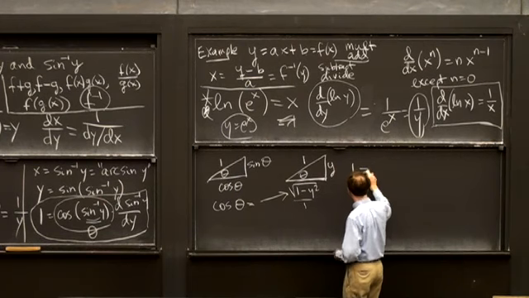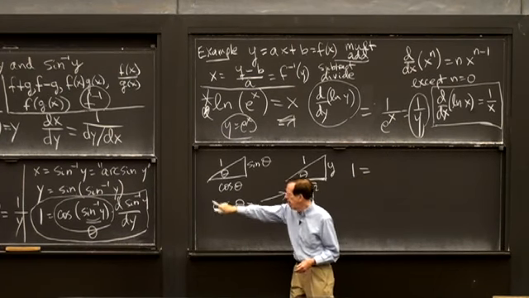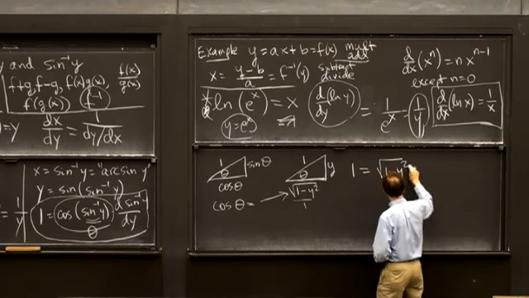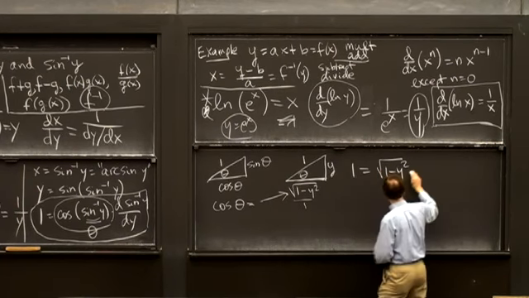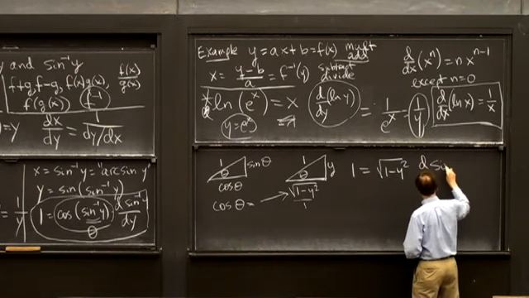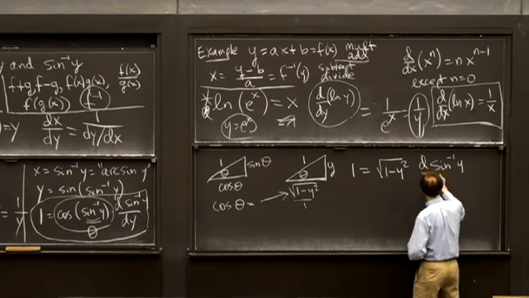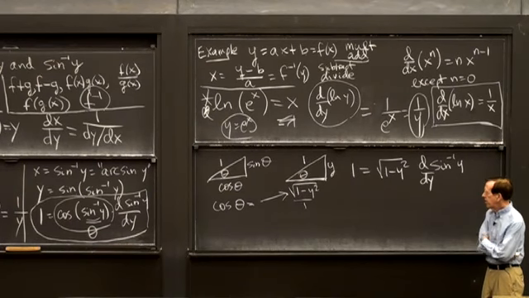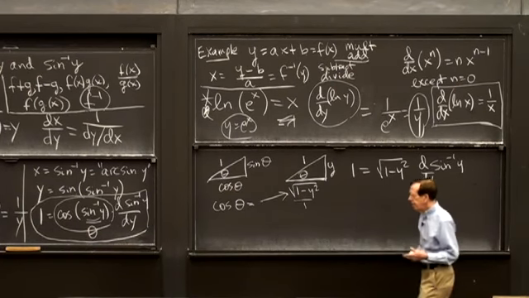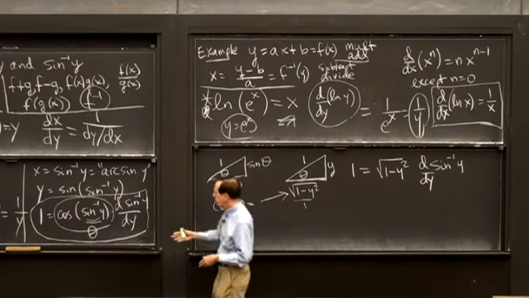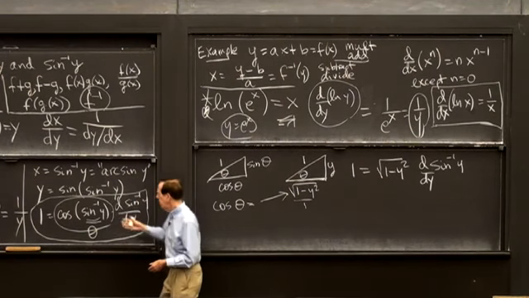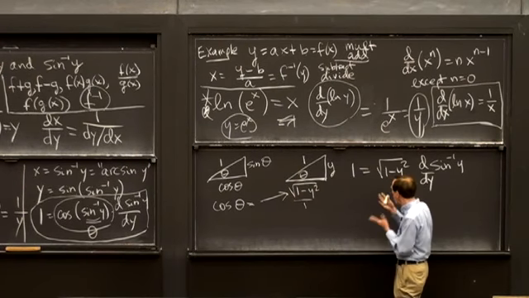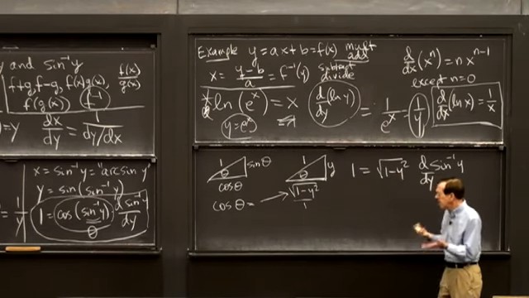That has a 1 equals the cosine of theta, that's this, times the derivative of the inverse sine. You see, I had to solve it for y.